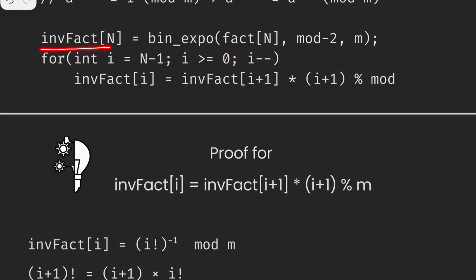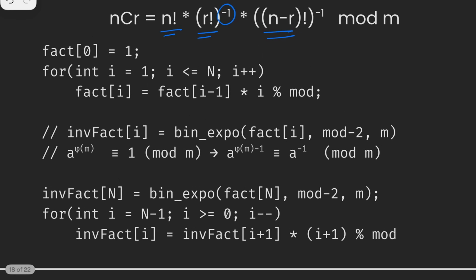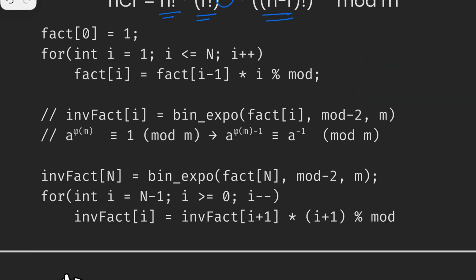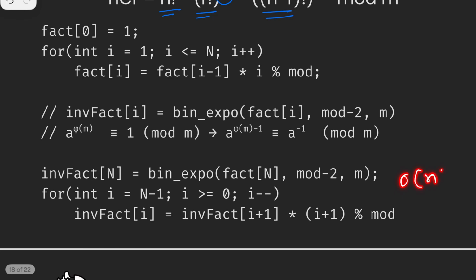Once you compute the inverse factorial of n, you don't have to compute the inverse factorial for every single i using binary exponentiation. You can directly utilize this particular observation to compute the inverse factorial of i. So factorial is computed in O(n) time. Inverse factorial for all the i is also computed in O(n) time.